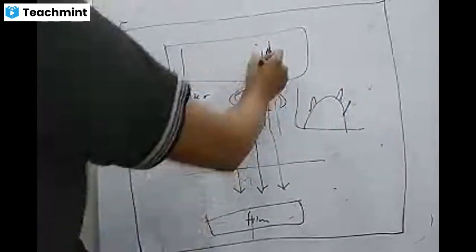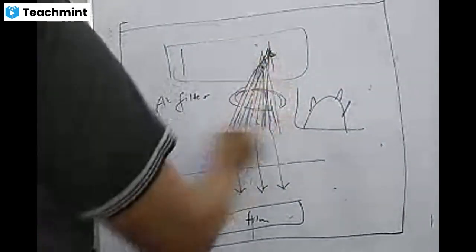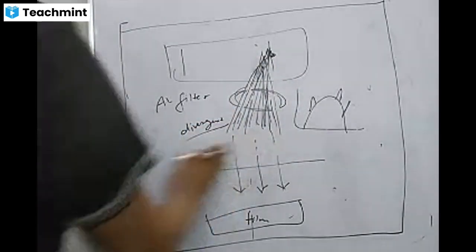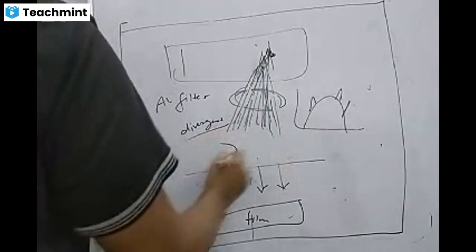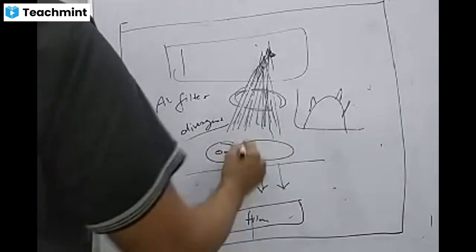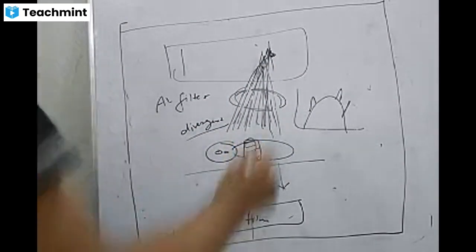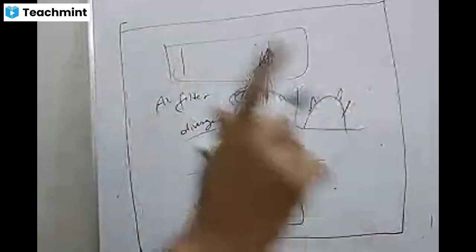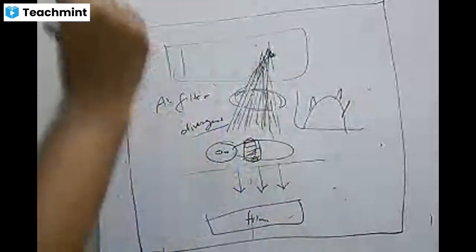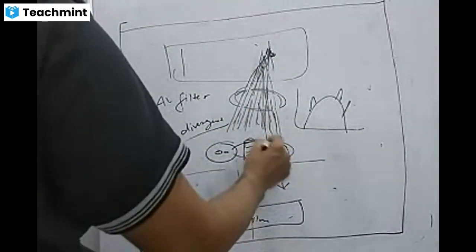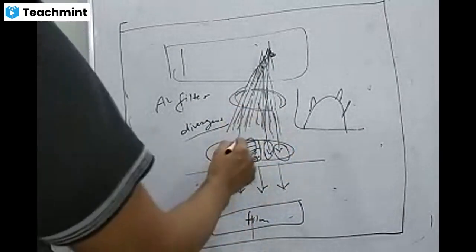Then this beam was divergent. It means, suppose this was your animal and you want only this much part to be radiographed. That is only the lungs. But because this beam is divergent, it will also hit all other cavities, pelvic cavity, abdominal cavity, this neck area.